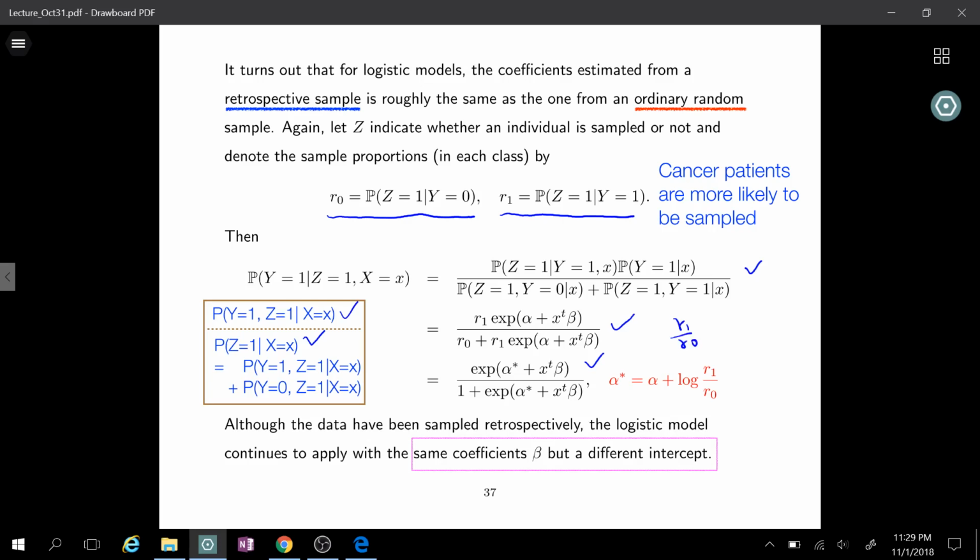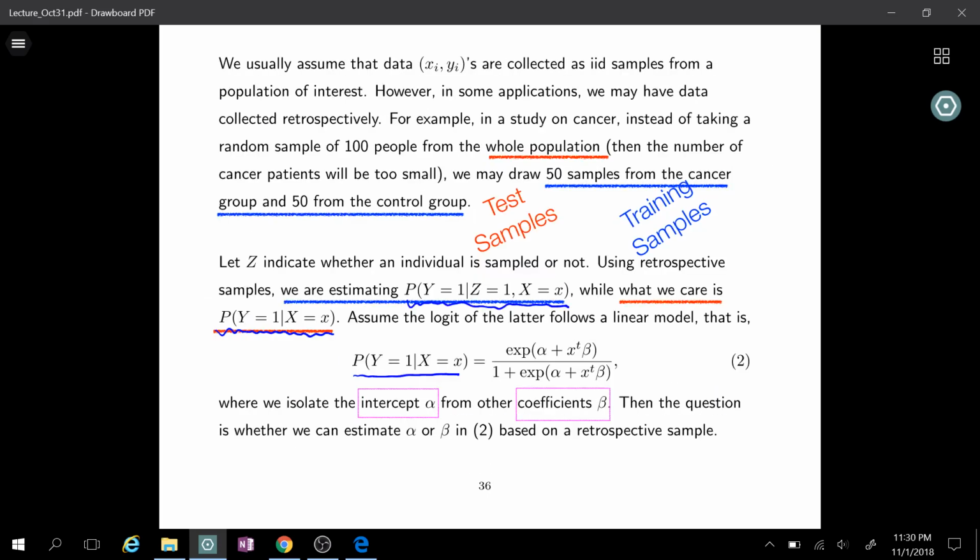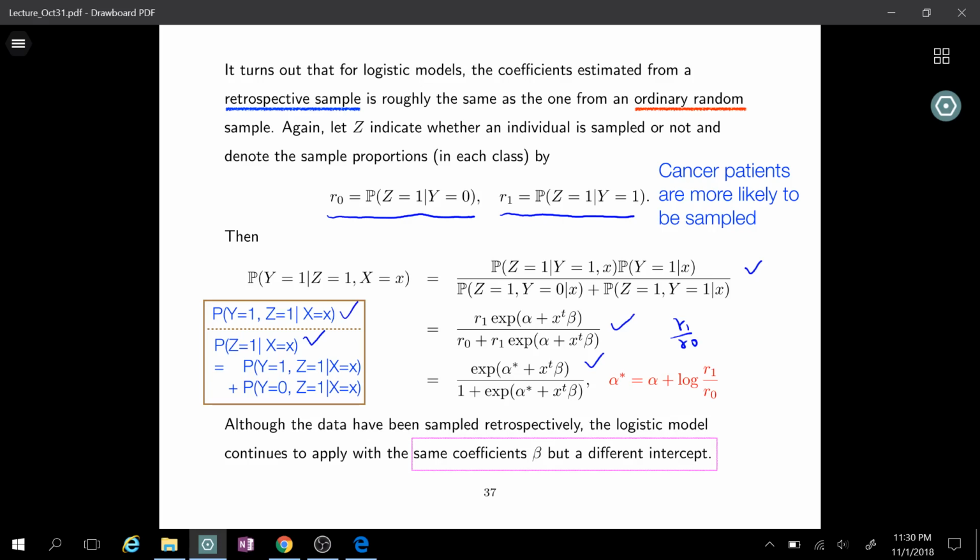So now we have a different intercept, alpha star. You're going to find that although the data are sampled retrospectively, when we analyze this data with a logistic model, the coefficients we get are different from the coefficients we really want to learn, but the difference is small in the sense that the non-intercept coefficients beta are all the same. The only difference is the intercept alpha, but that can be easily corrected.